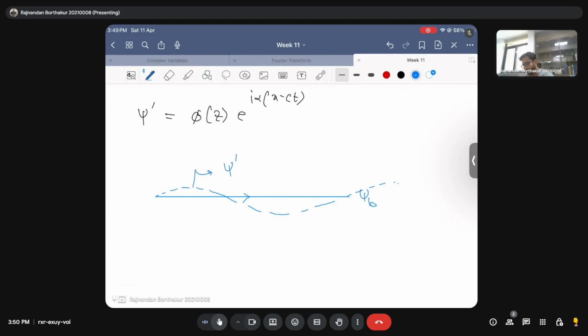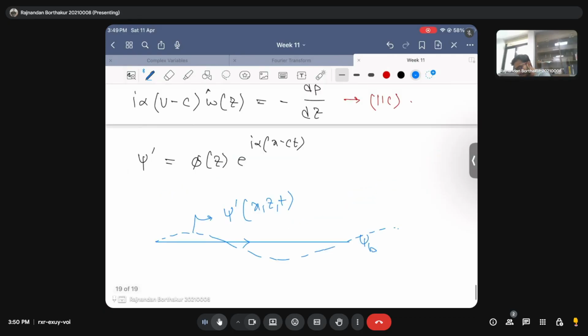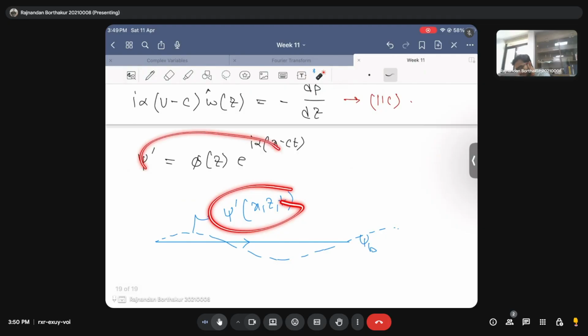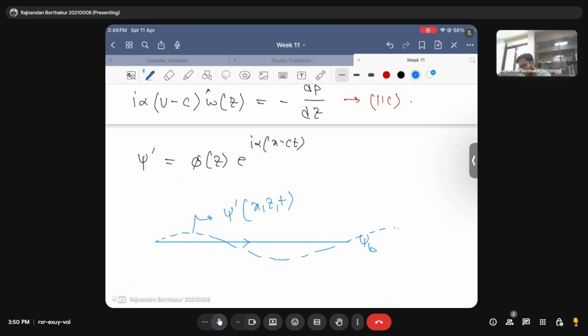Let's say it is psi prime, a function of x, z, and t, just like the other perturbed variables. I can write psi prime using normal modes as something like this.